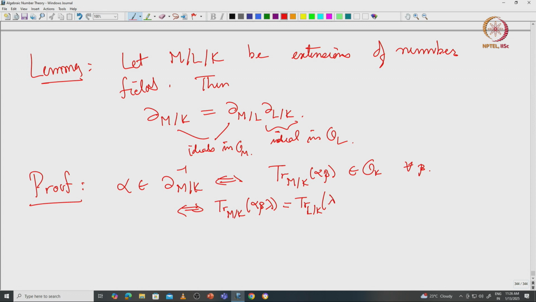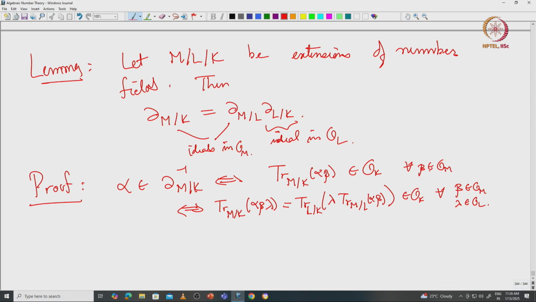So, this is lambda times the trace from M to L of alpha beta, which belongs to OK for all beta in OM and all lambda inside OL.